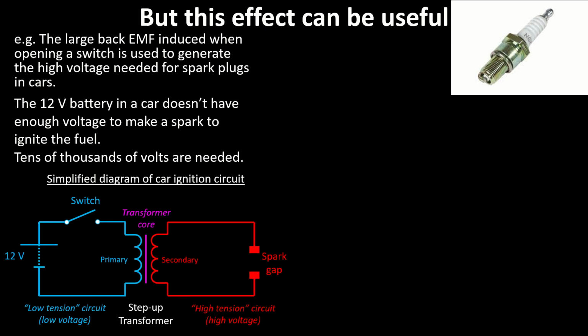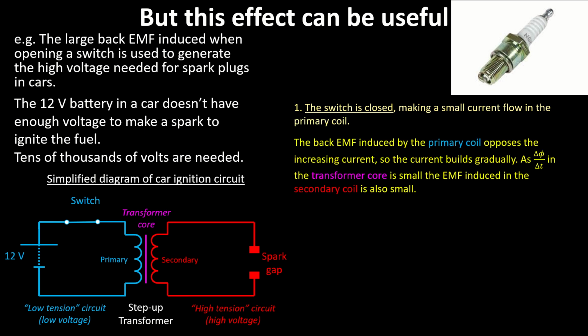So the process that actually happens here is, firstly, you close the switch. That makes a small current flow in the primary coil. Not much, it's only very, very small. Nothing really happens at that stage, because when you close the switch, you've got it connected to a coil of wire, the primary.